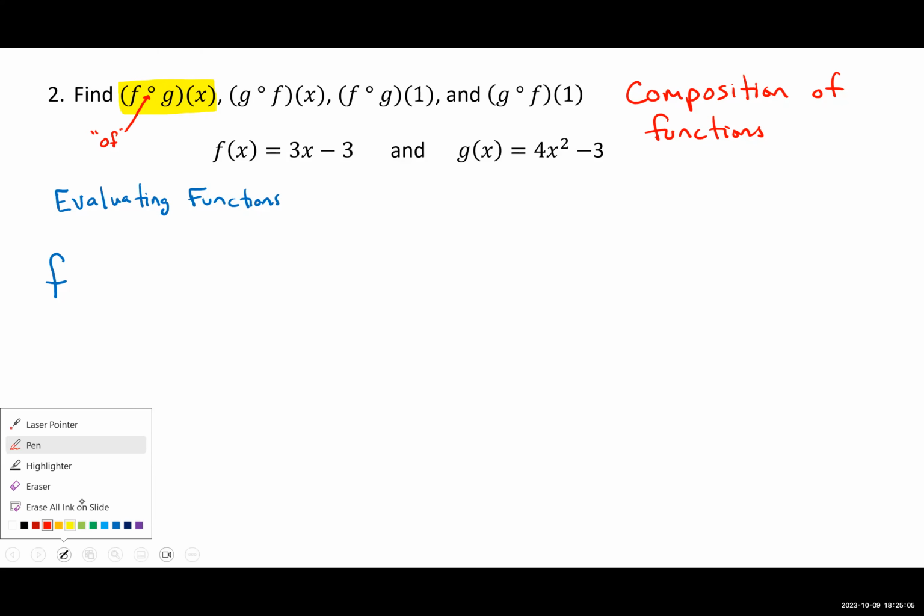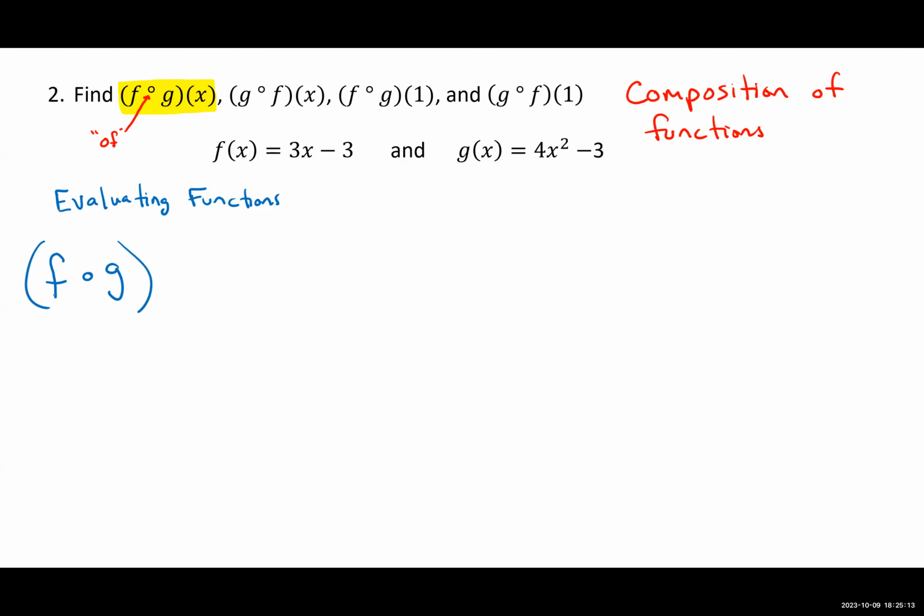So we have 2 ofs when we read this out loud. This is read F of G. And then when there's an X here, that's read F of G of X.